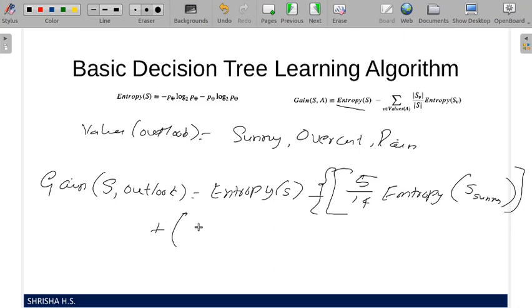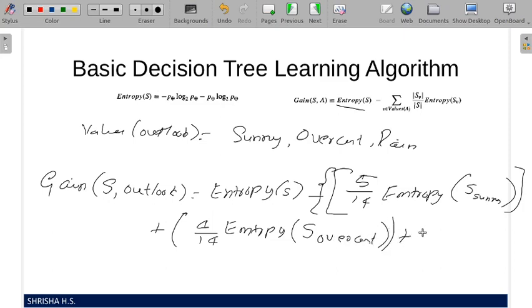Next, there are 4 instances where we have overcast. So outlook equal to overcast, 4 by 14, times the entropy of the instances where it is overcast.